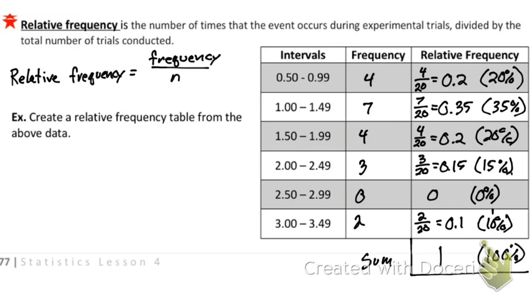If you come up with anything else, you probably made a mistake. Perhaps there's a rounding error. Possibly it was rounding and it really wasn't an error, it just didn't work out. All right, but you should be around 100%, if not exactly 100%. If you're rounding weird, it might be 99.99. All right, that is relative frequency.